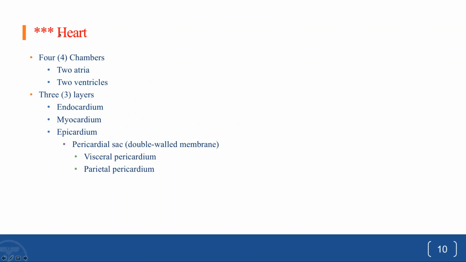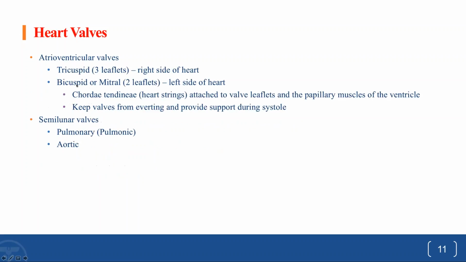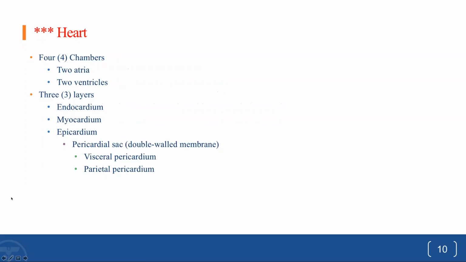As far as the anatomy of the heart, you have 4 chambers, 3 layers. They won't really ask, but you do need to know there's 4 chambers, 3 layers: endo, then your myo, which is your middle, and your epi, which is on top. Cardium, around the heart, the layers around the heart.